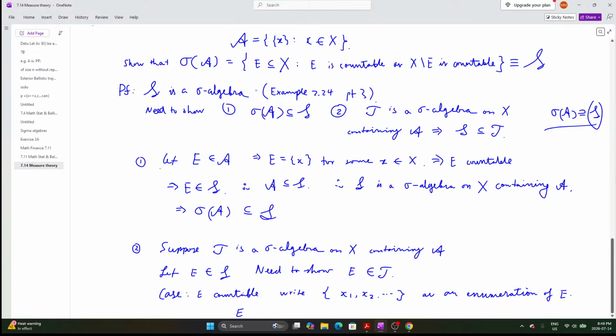If E is countable, then E can be written as a countable union of singletons, which are countable unions of sets in A. The singletons are in A, and by closure under countable union, the countable union is in sigma of A.